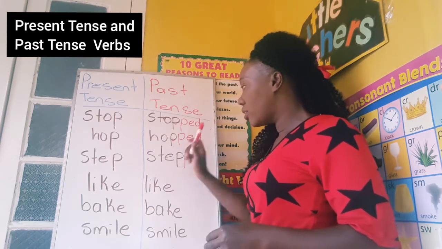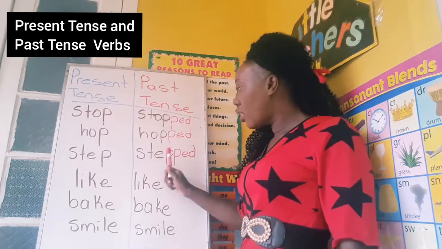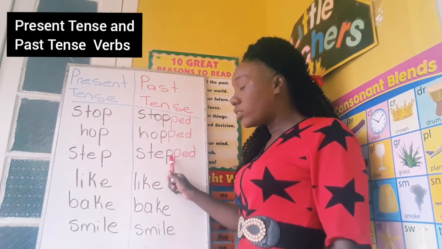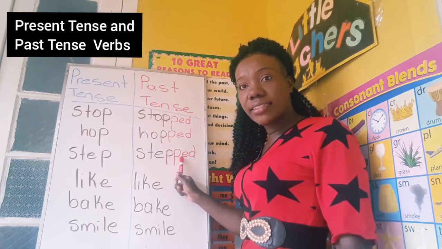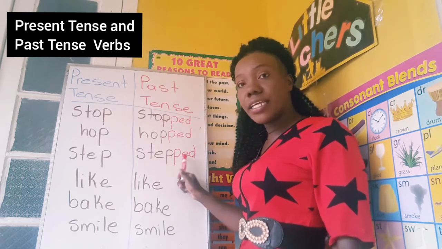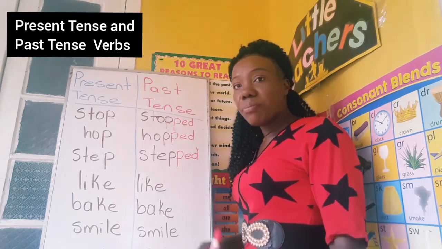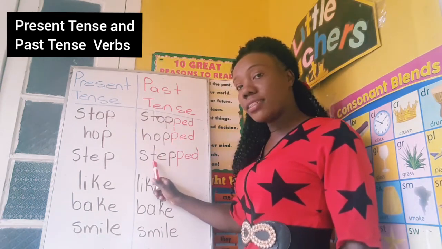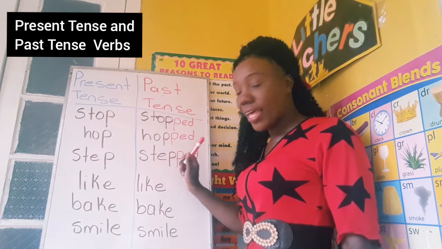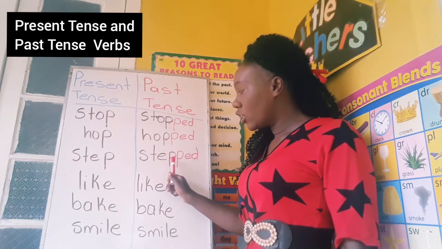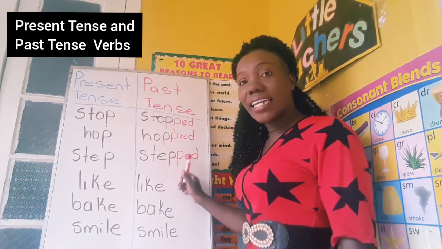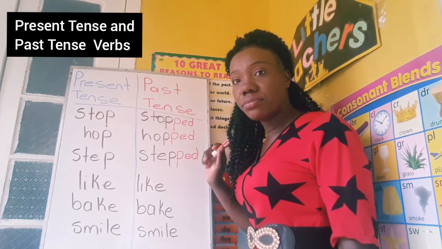Because you have a consonant followed by a vowel and another consonant, you double the last consonant and add ED. So remember, the rule says when it ends with a consonant followed by a vowel and another consonant, you double the last consonant and then you add ED.